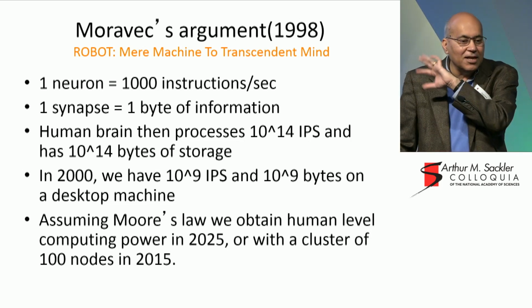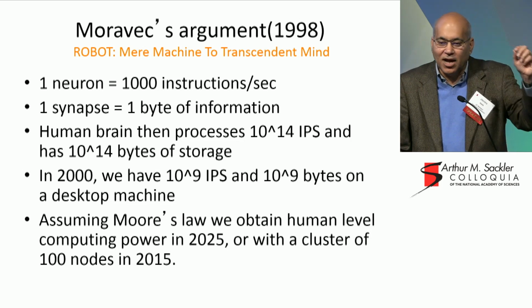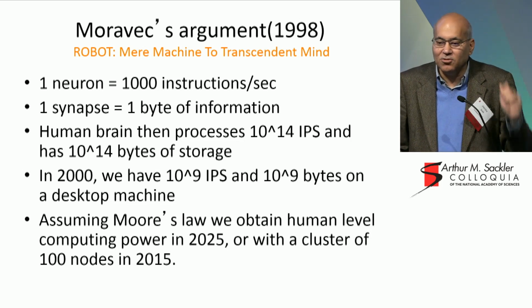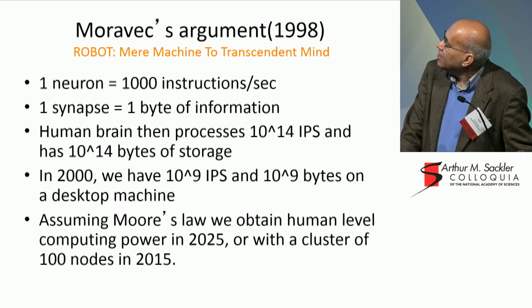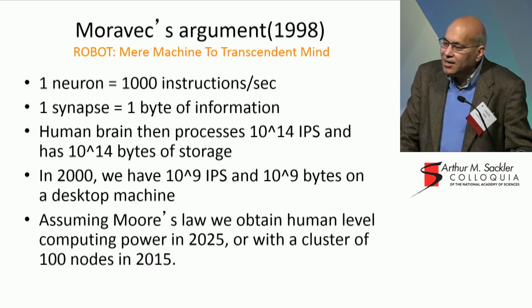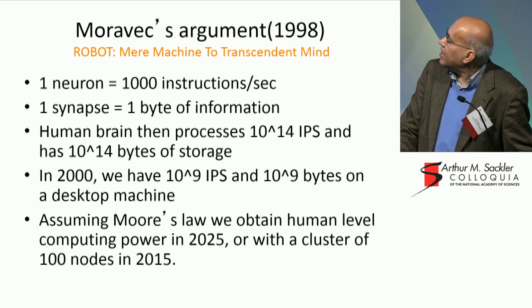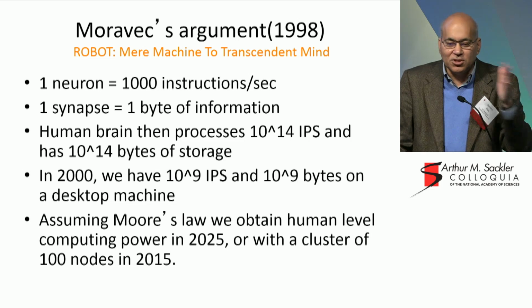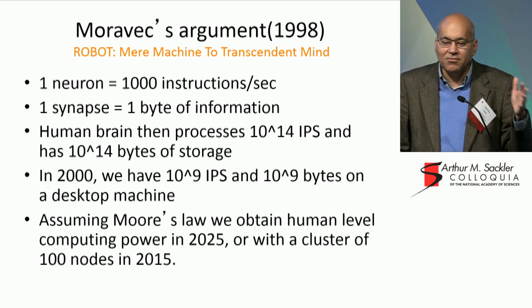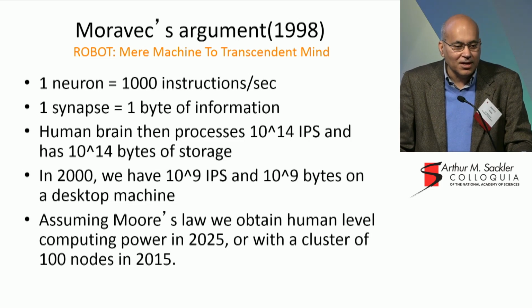And you can debate these. You could argue that a single neuron can do much more fancy computations, but suppose we don't get into those debates. Essentially, you get a story which is kind of interesting, which is that by that projection, in 2015 you would have a power equivalent to the human brain.